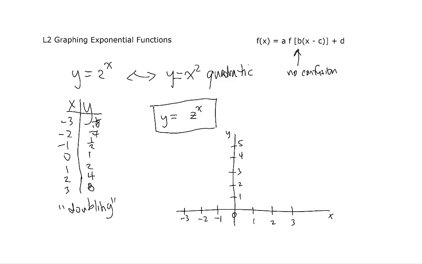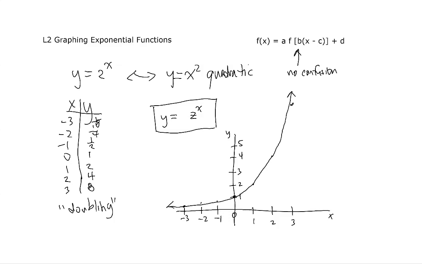I think some of you are noticing a problem here. At negative 3, that's going to be a small point. Negative 2, that's going to be a small point. Negative 1, that's a small point. 0 and 1 is going to be a big point. 1 and 2 is going to be there. 2 and 4 way up there. And 3 and 8 maybe up here. And if we graph this, it's going to look something like that.